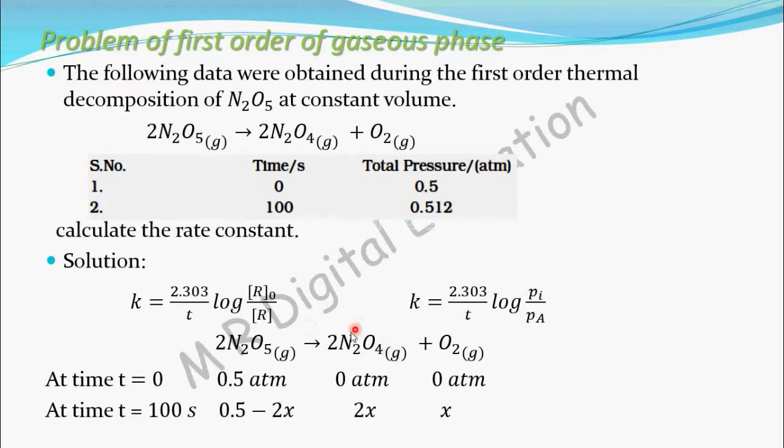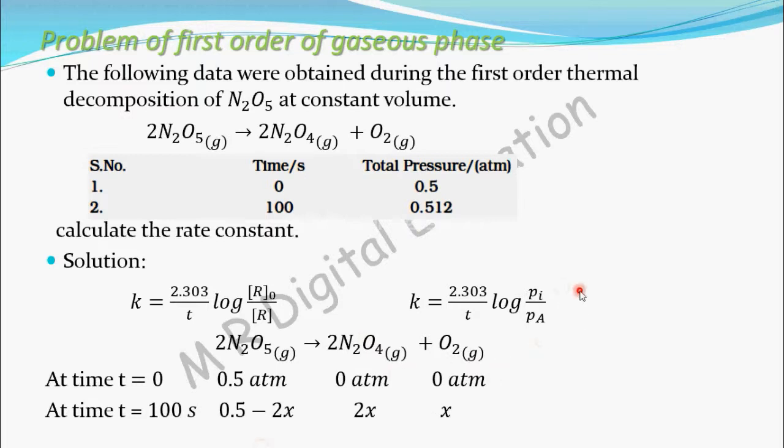Why 2x? Since two molecules are here. And x amount of pressure of O2 will be increased. Why x? Only one molecule is here. So the pressure of N2O5 after 100 seconds is 0.5 minus 2x, 2x is the pressure of N2O4, and x is the pressure of O2 after 100 seconds.